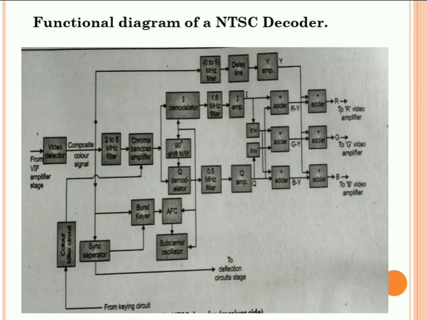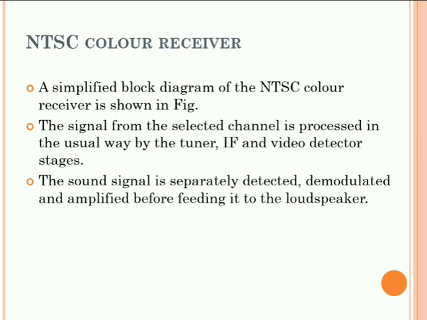The signal from the selected channel is processed in the usual way by the tuner, IF and video detector stages. After that, the sound signal is separately detected, demodulated and amplified before feeding it to the loudspeakers.